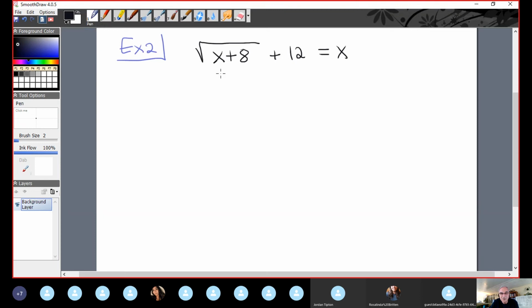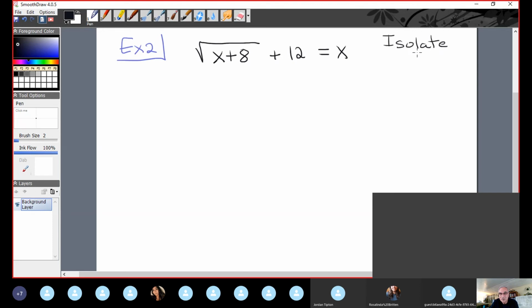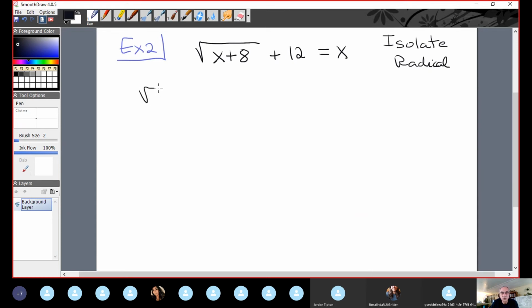The first thing you should do is isolate the radical expression. So, square root of x plus 8 is equal to x minus 12. I move 12 to the right-hand side using the opposite sign, no? Negative. And now ready to square both sides.